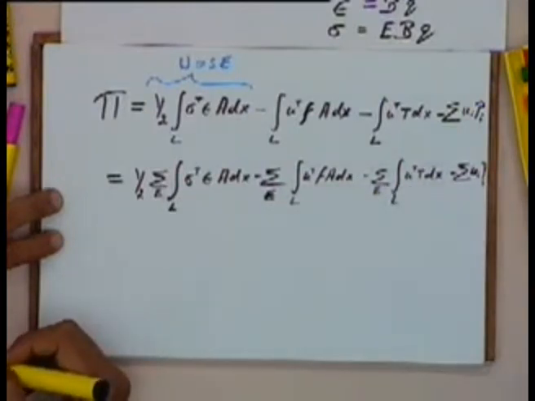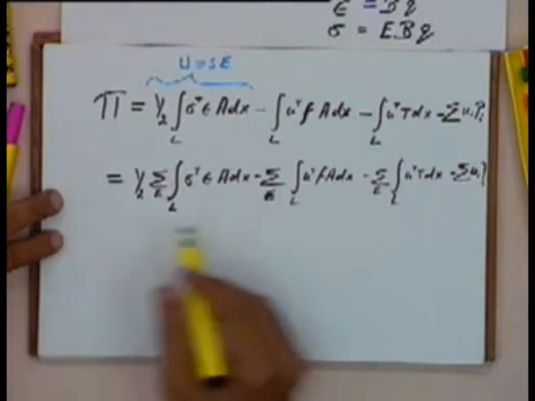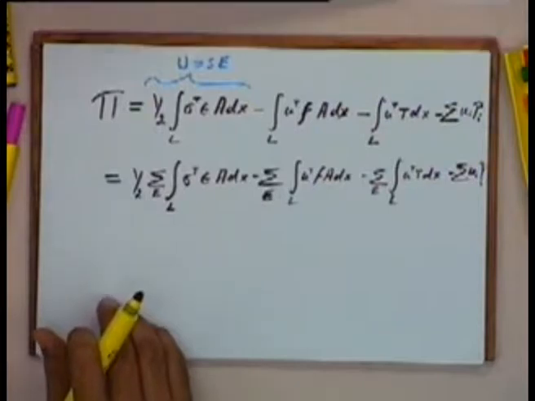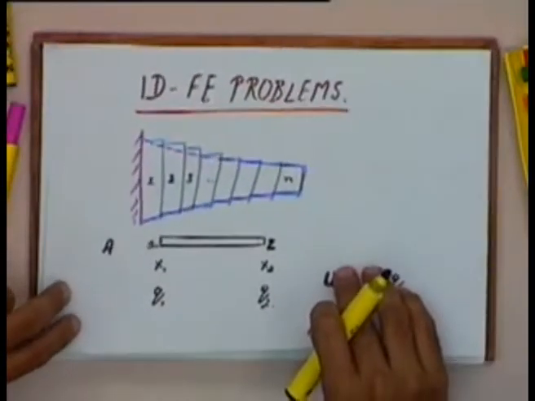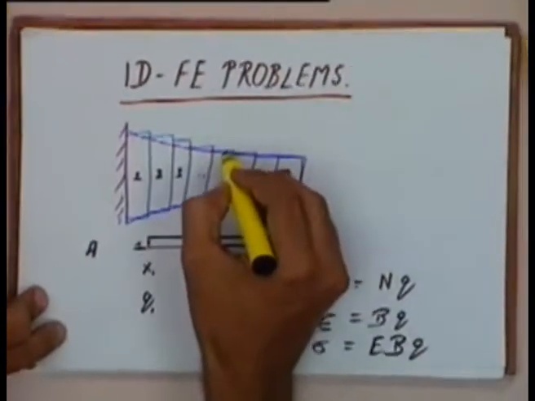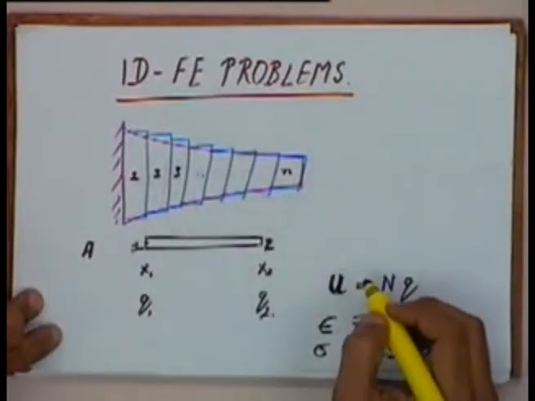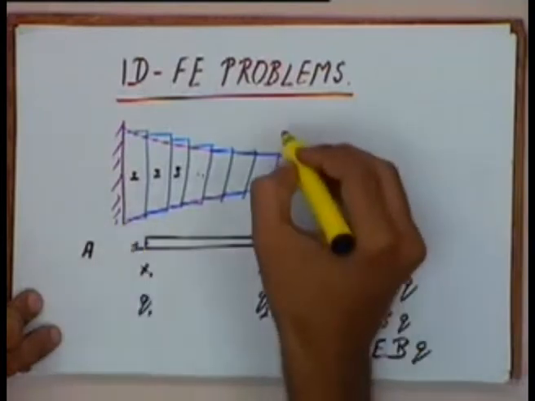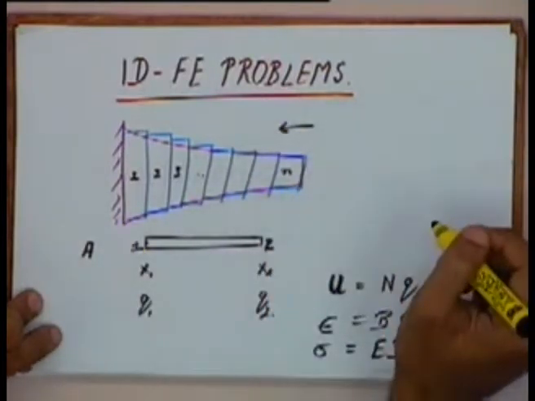Won't there be a length term in the third term, in the integration over area? Good you ask that. See, if we have this element, right now we assume that all the forces are one dimensional forces.